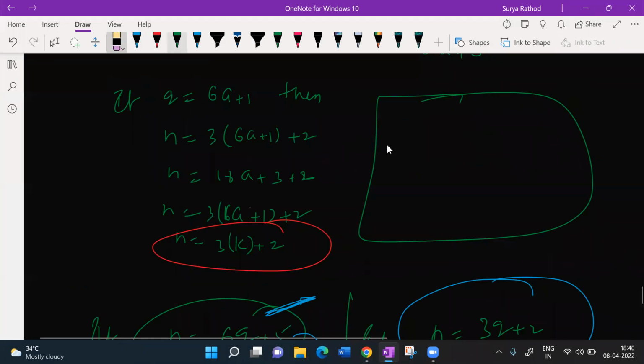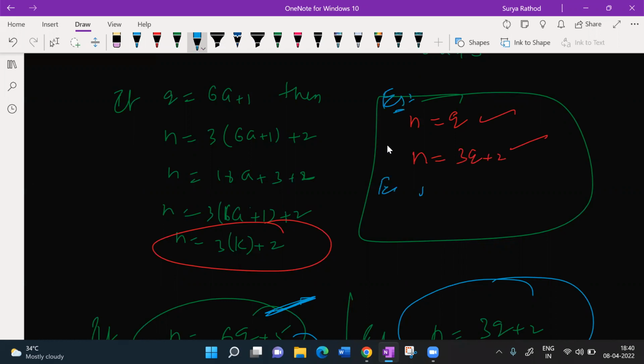If n is equal to some q, your form you will be getting as n is equal to some 3q plus 2, something like this. This is true. It is happening. But for example, in case your n value is 3q plus 2, then you will not be getting the q form again. Understood my point? This is not happening. This is happening.